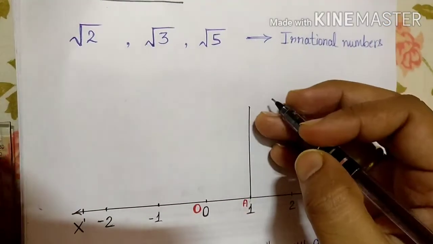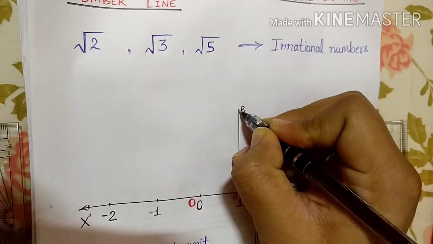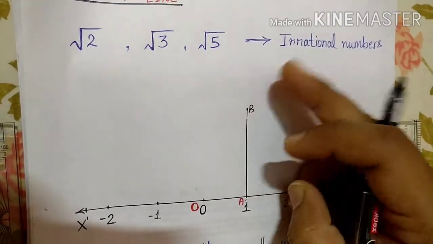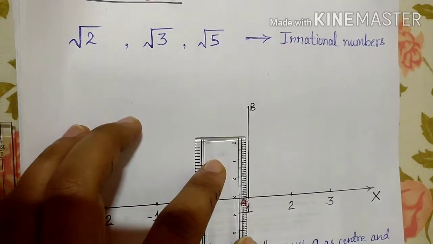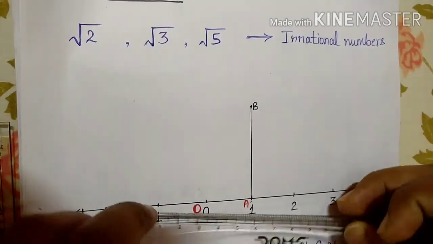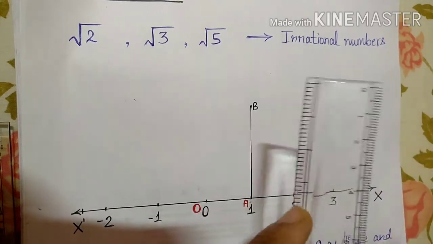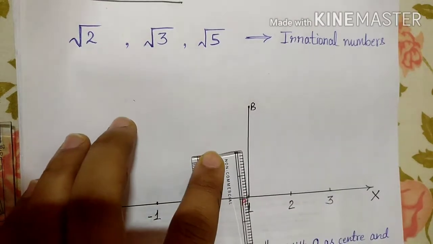I am going to give this point the name B. This AB I have drawn. Now on this AB I will cut how much? 1 unit, the same unit which I have drawn here. This 1 inch I will cut here also.